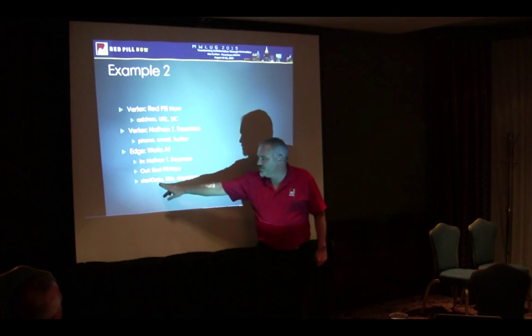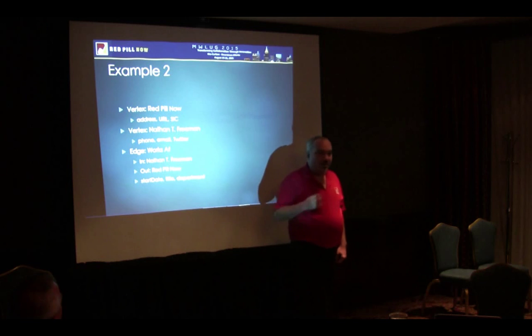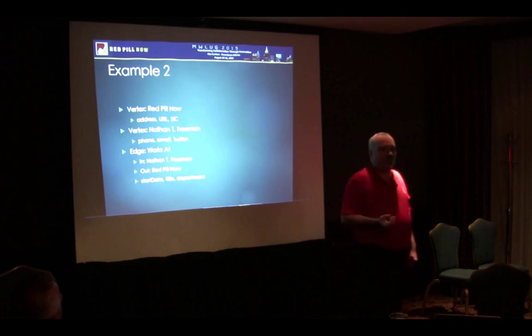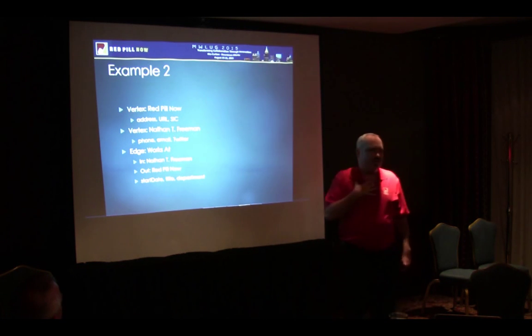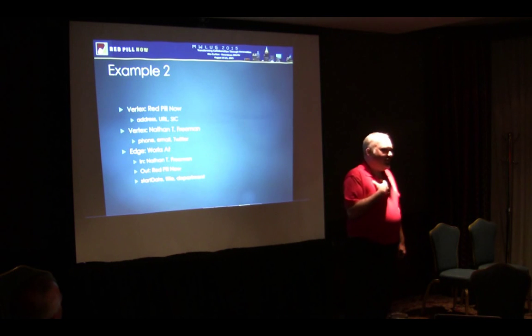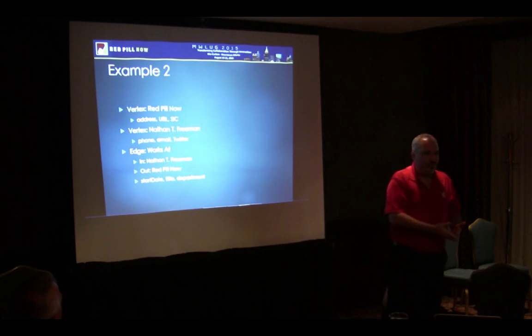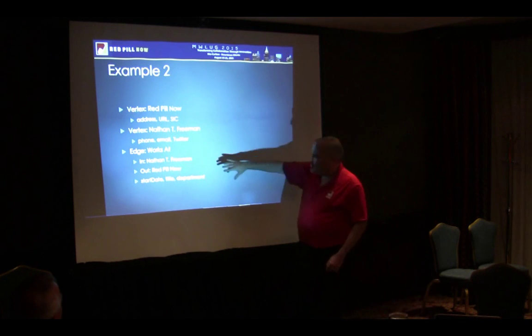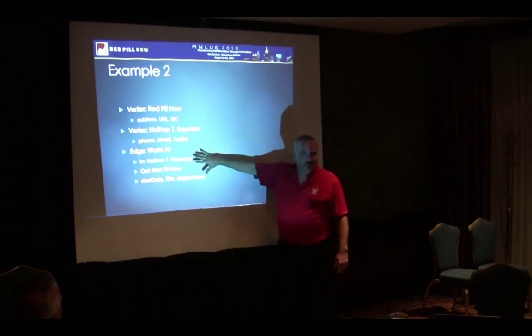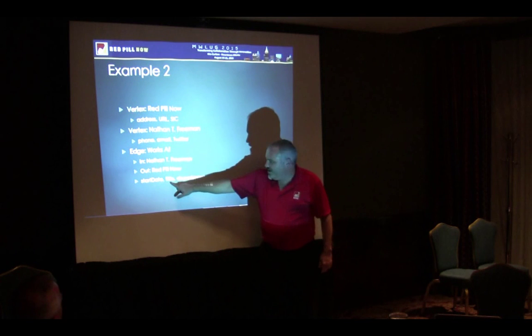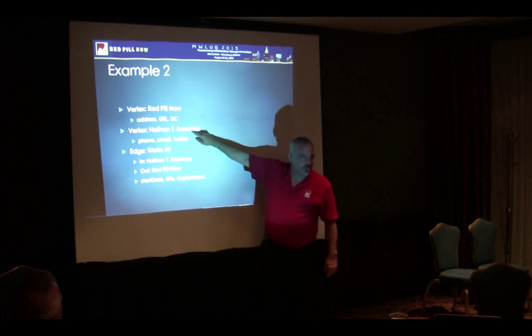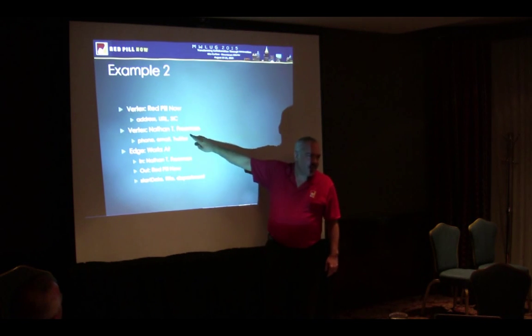And that might have start date, title, and department. Because those are attributes of the relationship, right? They're not attributes of me. My title isn't me. My title is an attribute of the fact that I work at Red Pill, right? So you can imagine, you think about it, like every place you've ever done a contact list before, you made title and department a property on the actual contact.